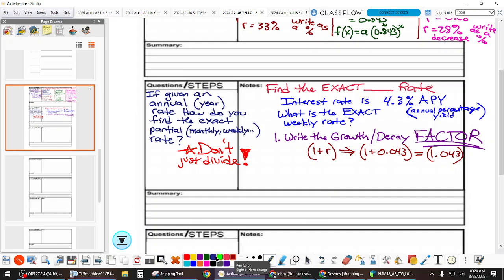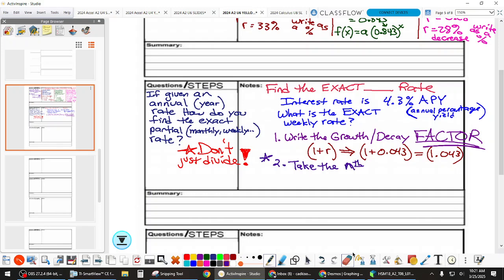Okay, step 2. This is the weird step. We'll do it mathematically.